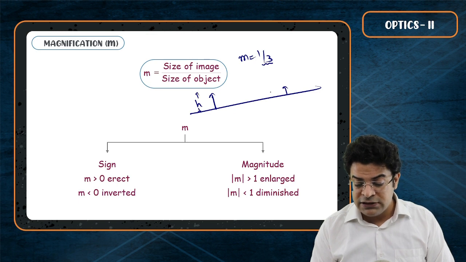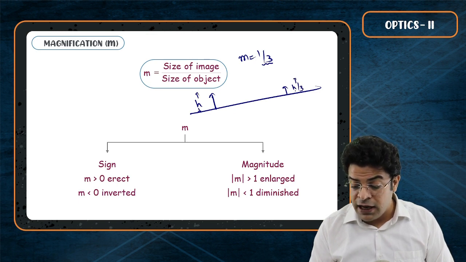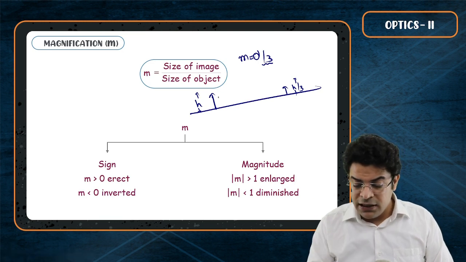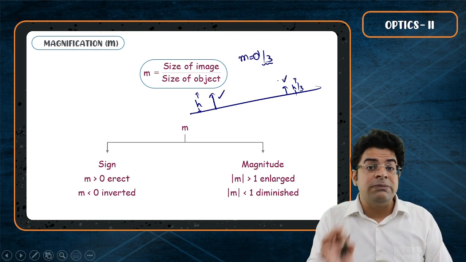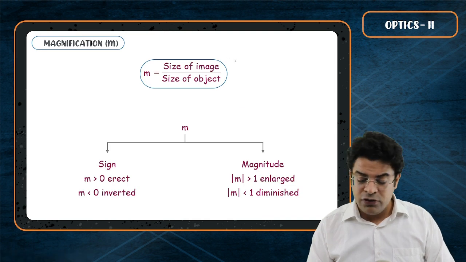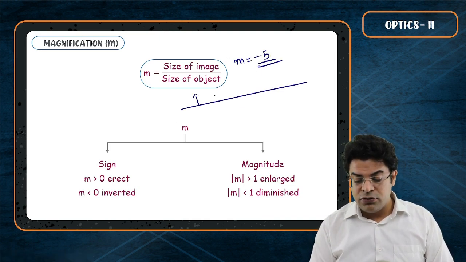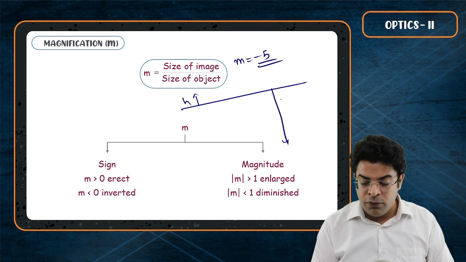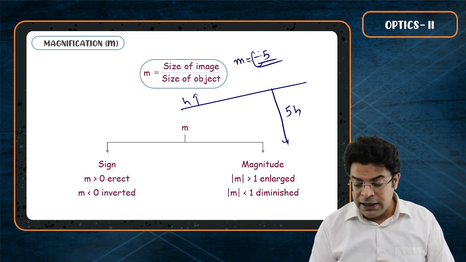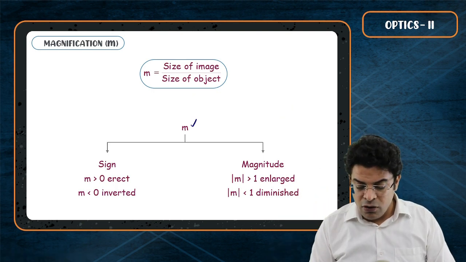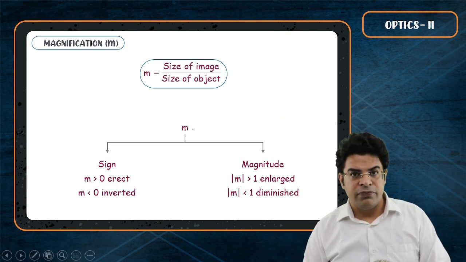So if the object has got height h, the image has got height h/3. And this plus sign before 1/3 tells me that the image is erect with respect to object. If I give you magnification is -5, it means that image has got 5 times the height of the object. And the minus sign tells us that the image is inverted. So this is what all we can understand from magnification.